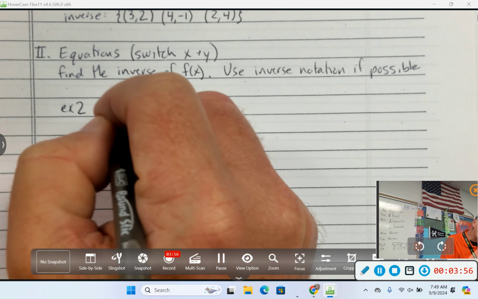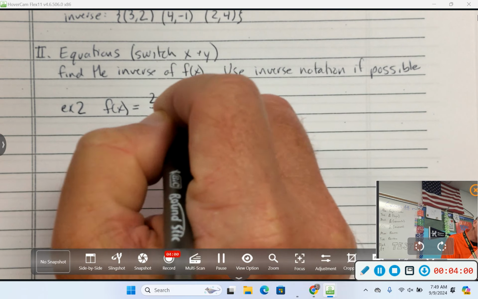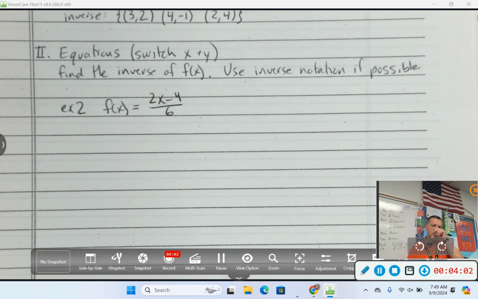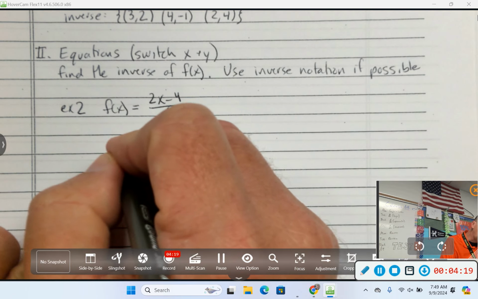So let's start with f of x equals (2x minus 4) over 6. And I'm supposed to switch x and y, except that there's not a y. Right? Or sort of, there's a y. Well, f of x is the same thing as y.